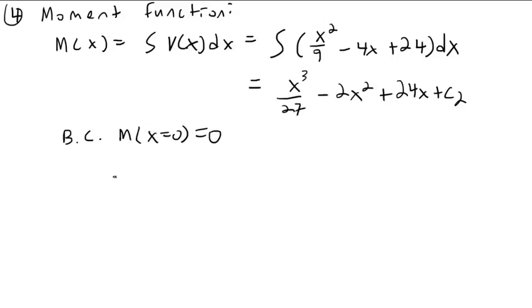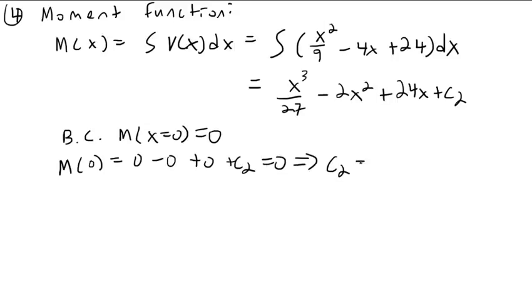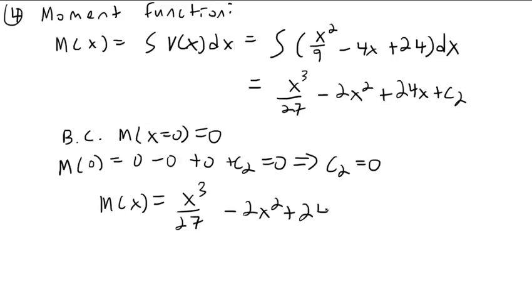We can use that as a boundary condition. If we apply this, M at 0 equals 0 minus 0 plus C2 equals 0, that leads us to C2 equals 0. Therefore, M as a function of x is simply x cubed over 27 minus 2x squared plus 24x.